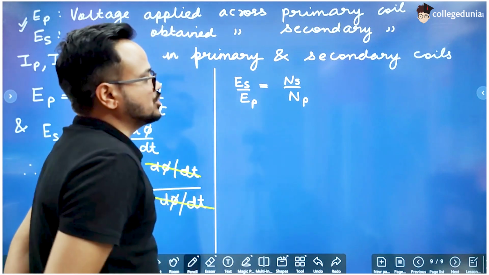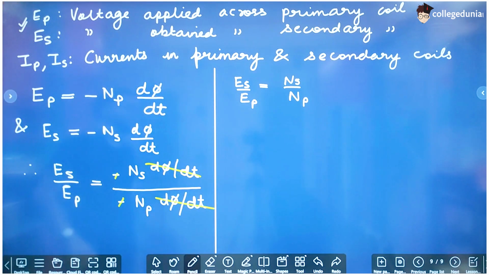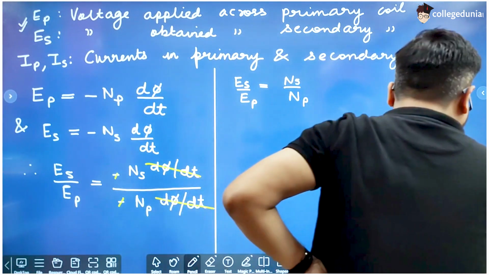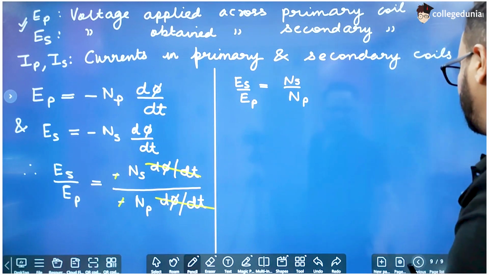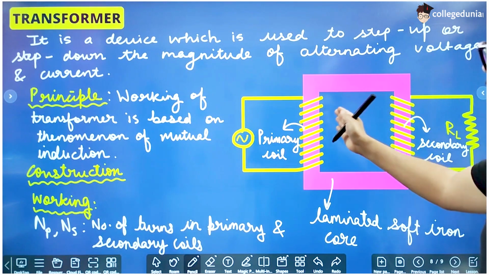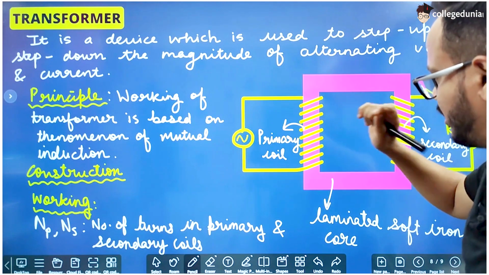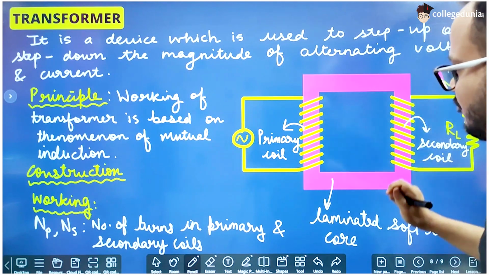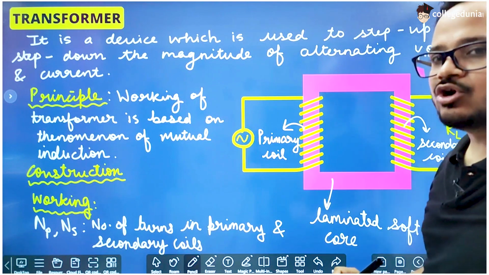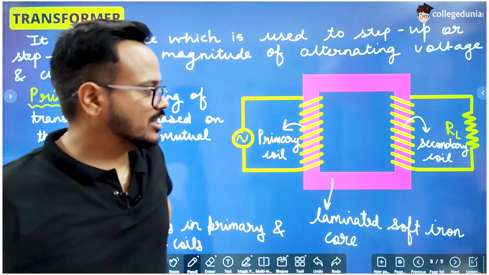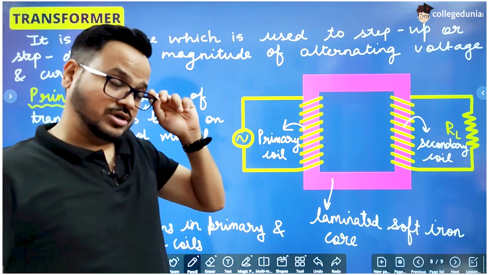So the ratio of voltages is exactly the same as the ratio of the number of turns in the two coils. So if we keep the number of turns in this coil 10 times the number of turns in this coil, if the number of turns in this coil are 50 and the number of turns in this coil are 500, then the voltage is automatically going to be 10 times more than the primary voltage, right?